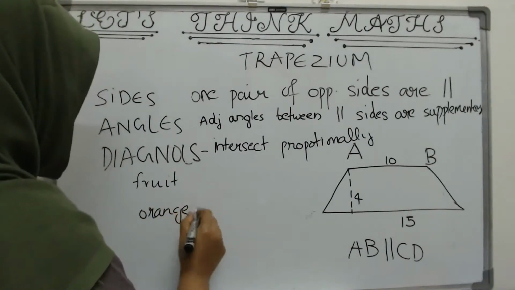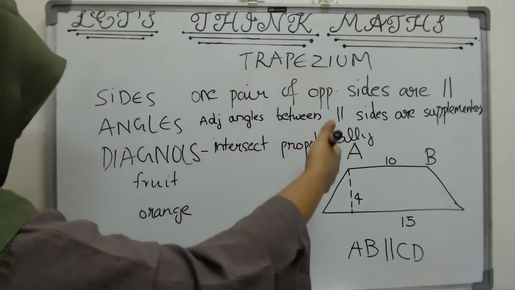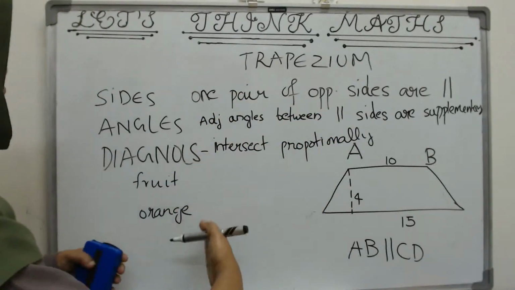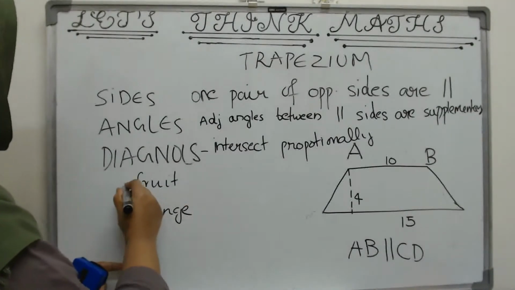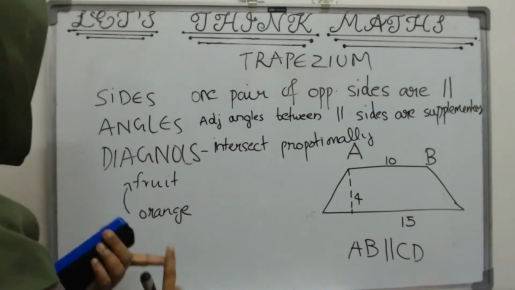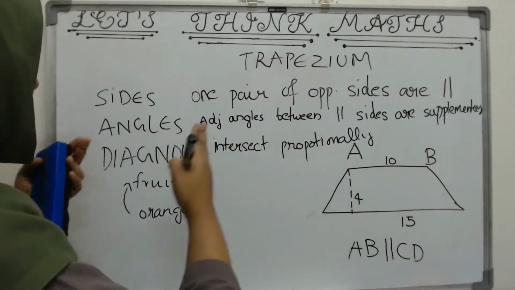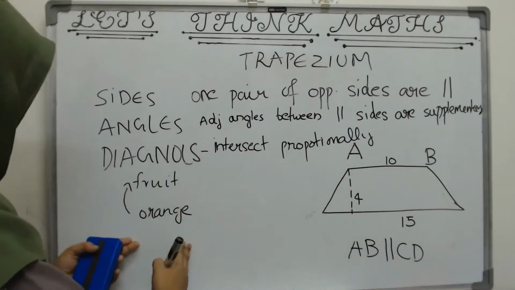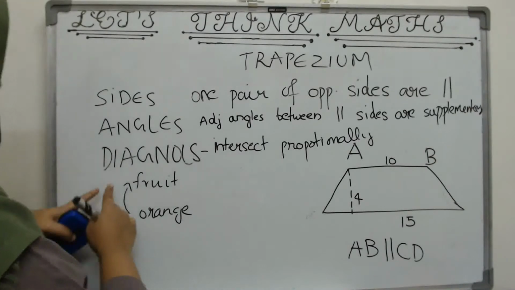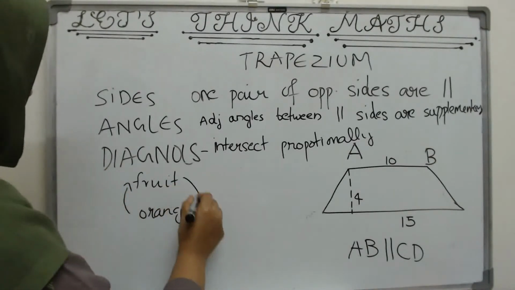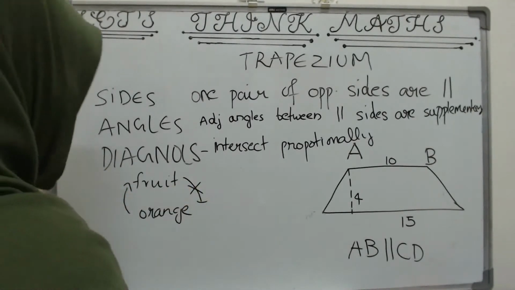The orange is a type of fruit, which means the orange will satisfy all the conditions of a fruit. It will have a seed in it, or whatever conditions the fruit satisfies, the orange will also satisfy. So that means every orange will be a fruit, but every fruit will not be an orange.